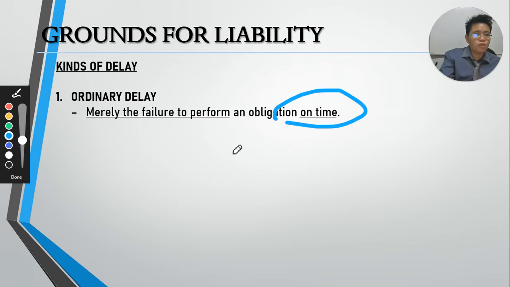So yun ang ordinary delay. What you have to remember about ordinary delay is that it is not a source of liability. Hindi ito grounds for liability. Yun ang tandaan nyo. So kung may ordinary delay, hindi magiging liable ang debtor. Yun ang tandaan nyo muna.